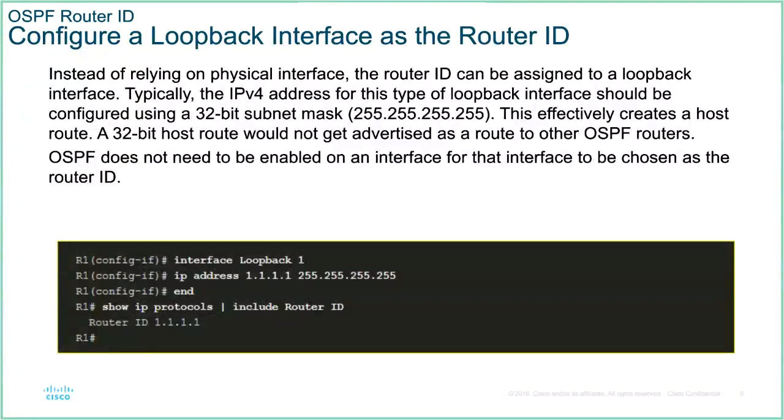So if we now exit out of that and use the show IP protocols and include the router ID, we now see it's chosen the ID to be the loopback address.